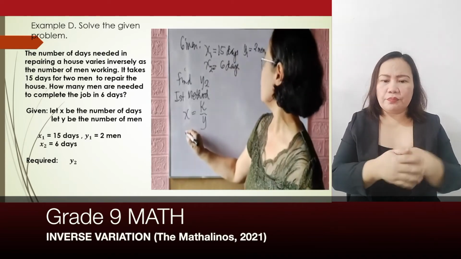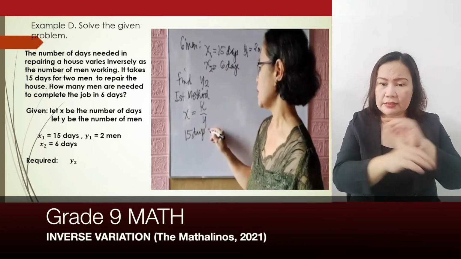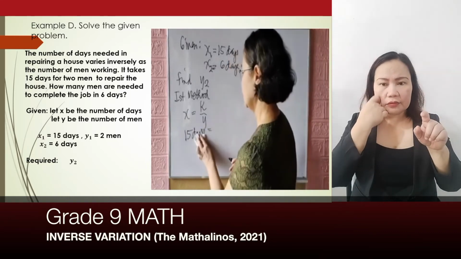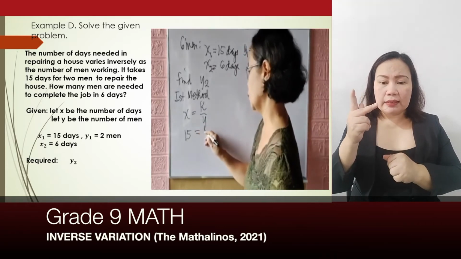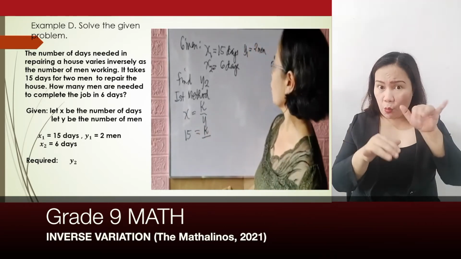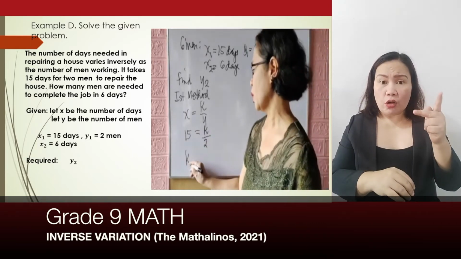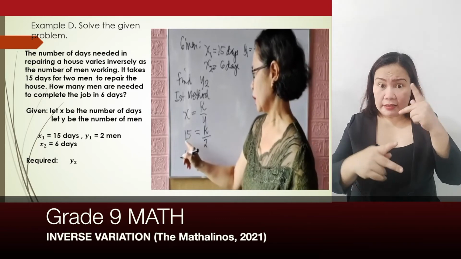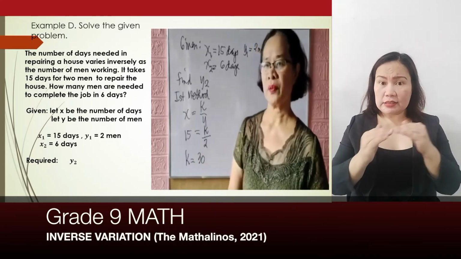So we have 15 is equal to k over 2. So our constant, therefore, is 15 times 2, which is 30.